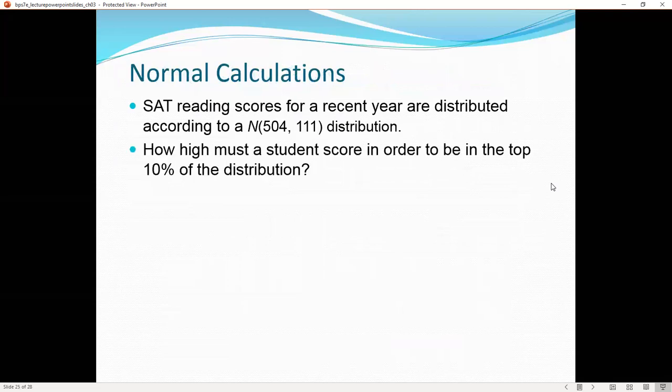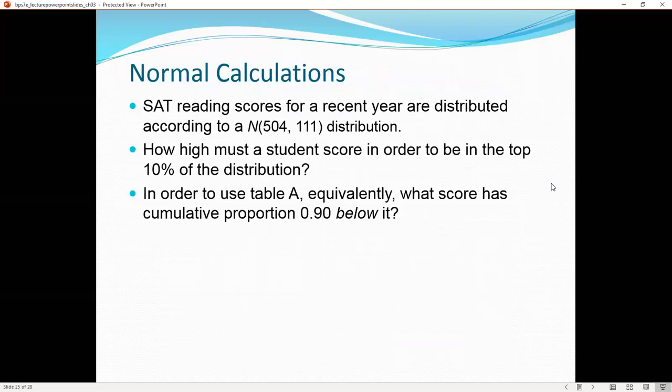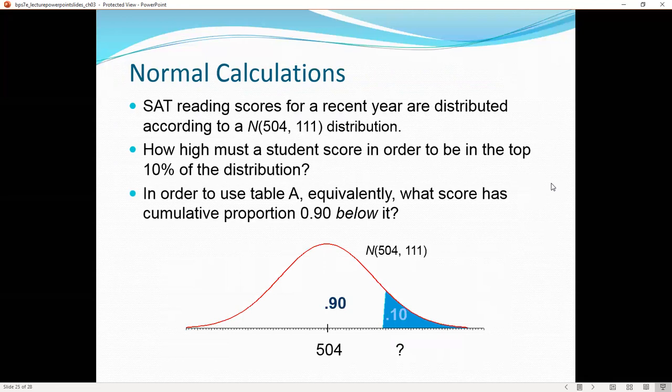In calculations, we have the SAT reading scores for a recent year distributed according to a normal distribution with mean 504 and standard deviation 111. How high must a student score in order to be in the top 10% of the distribution?